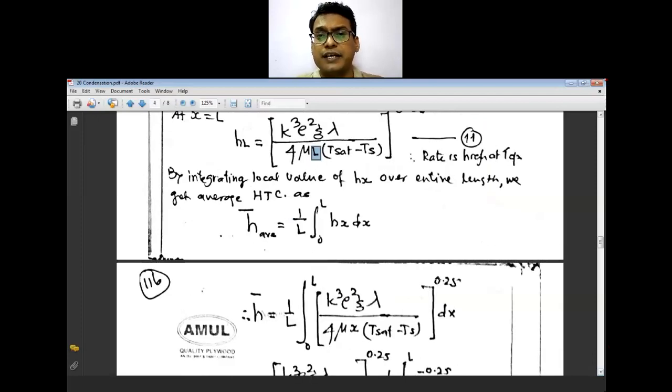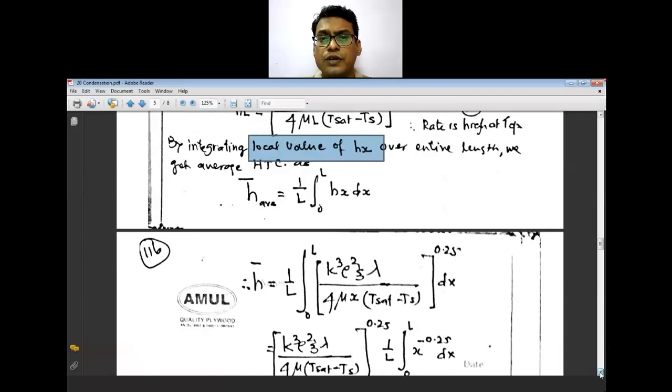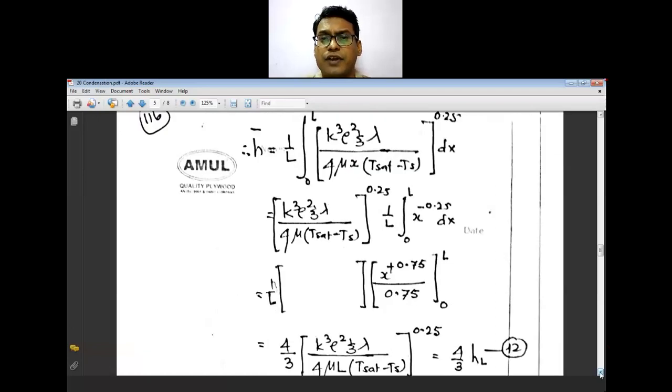Then by integrating this local value of hx over the entire length, h average is equal to 1 upon L integral from 0 to L of hx dx.